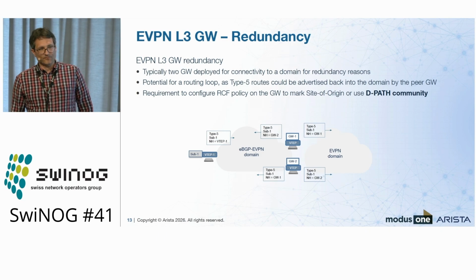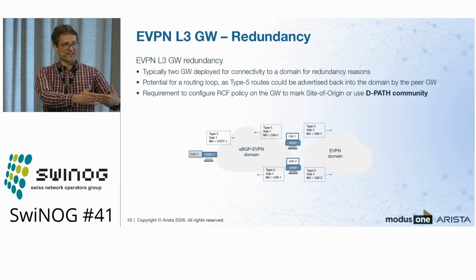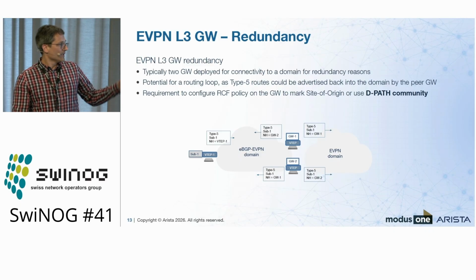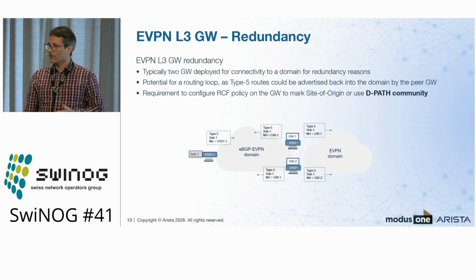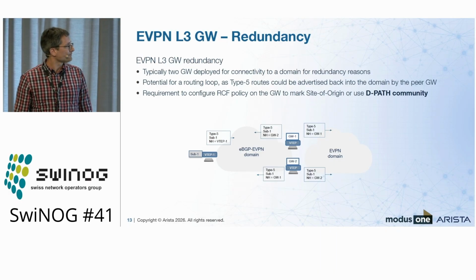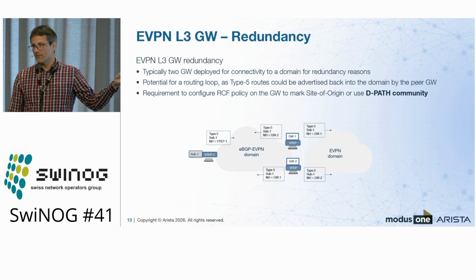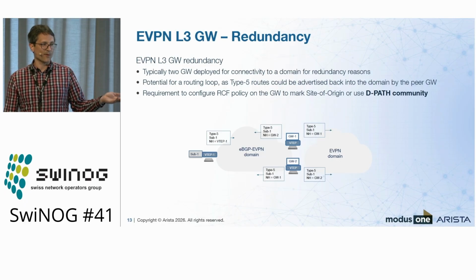Of course, if you put that at the edge of your data center and you want to interconnect your data centers, you don't want to do this without redundancy. So typically, these EVPN gateways are deployed in pairs. And then both of them, when they announce something to the other end, do the same thing.